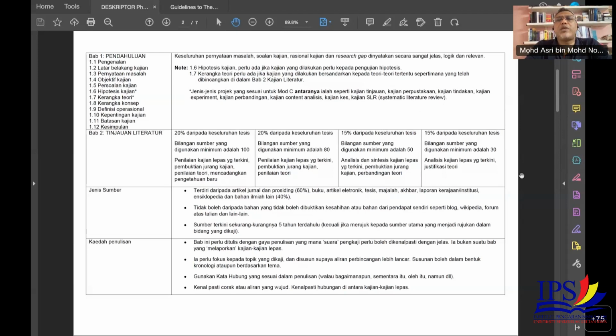So that's why usually in our literature review section, in chapter 2, you will have two kinds of materials actually. One is the main source of reference, for example, the Maslow theory I gave just now.